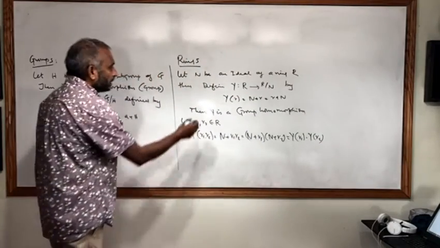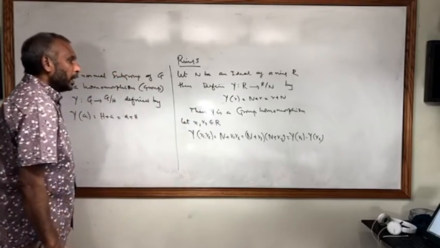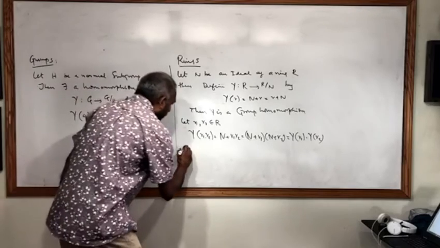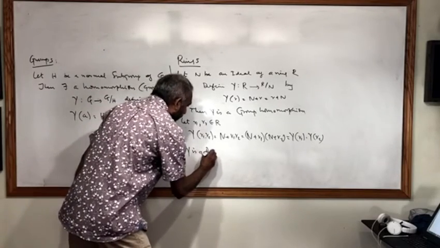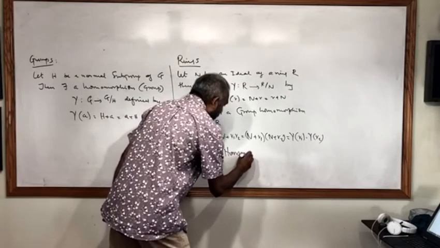So the definition of group homomorphism is true for a ring homomorphism also. So gamma is a ring homomorphism.